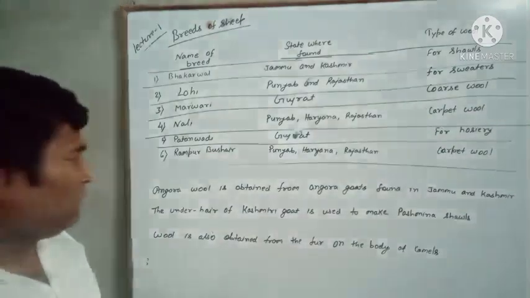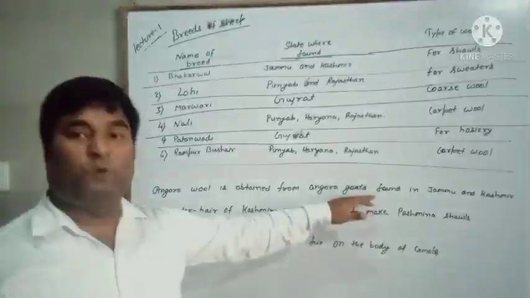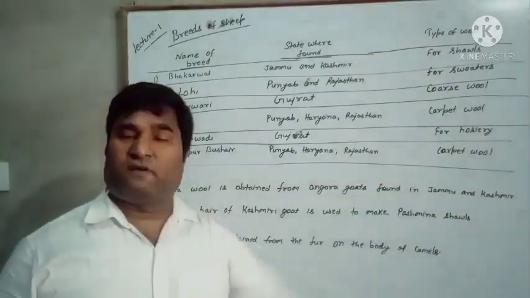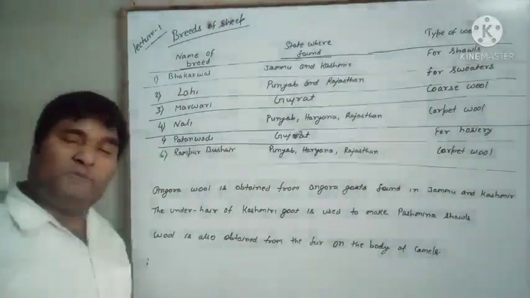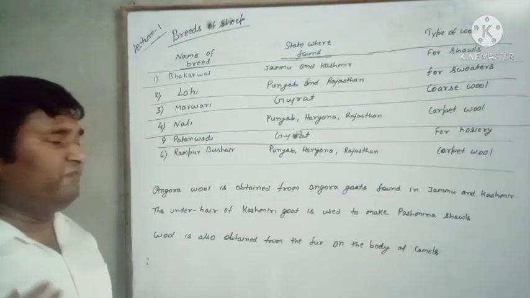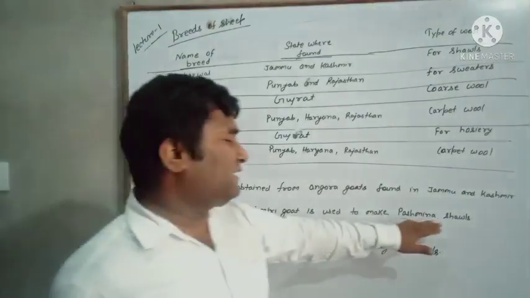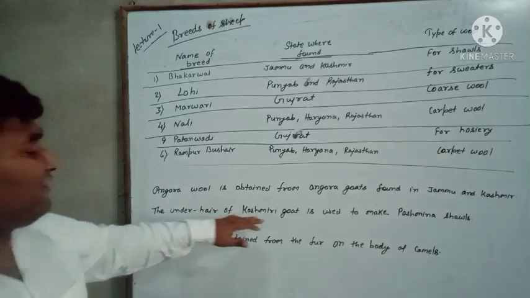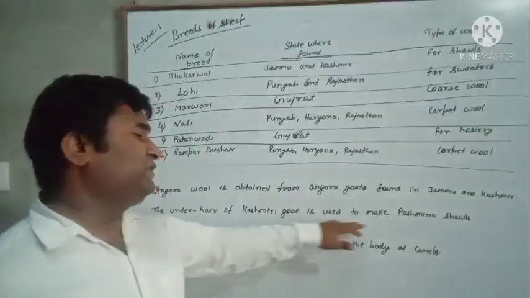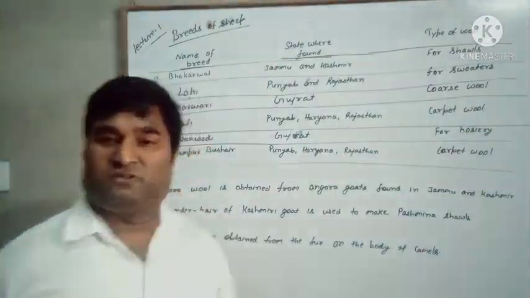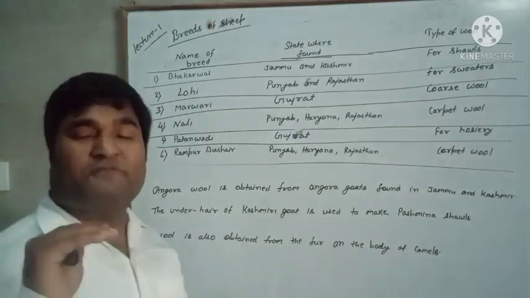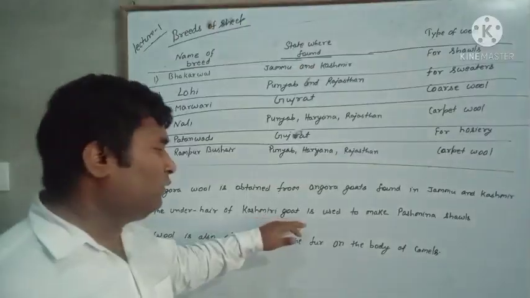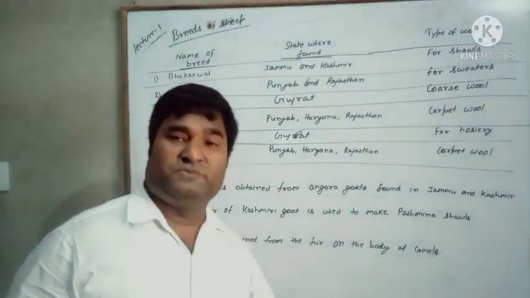One very important or very popular shawl is the Pashmina shawl. So the under hair, the soft hair of the Kashmiri goat is used to make Pashmina shawls.